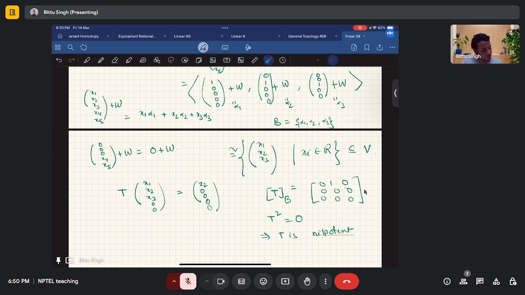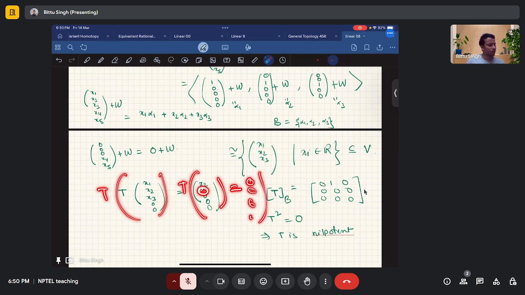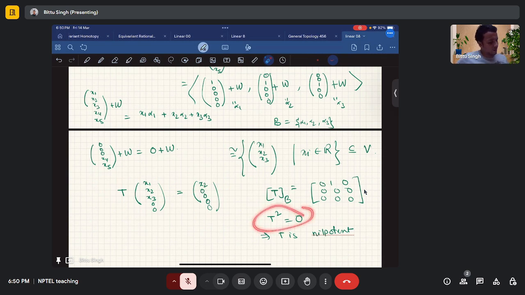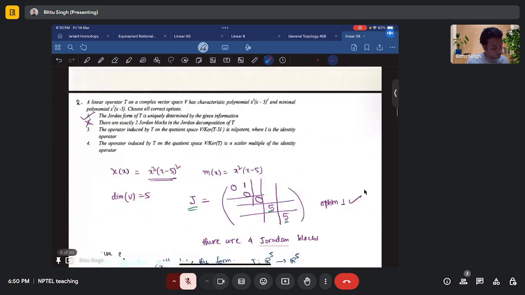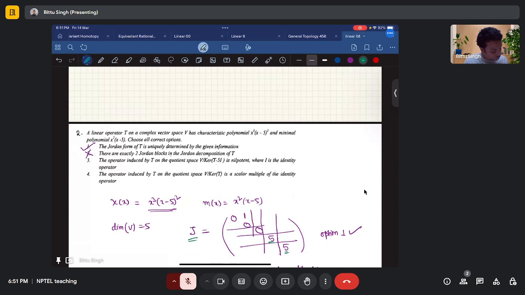You can also see this exact fact from here, because if you again apply T on this, it is the same as T on this, but the second entry is 0, so it will be 0, 0. So T square is 0. Again, from the matrix representation, this is the same fact, and therefore we obtain T is a nilpotent matrix. So this is actually true. The operator induced by T on the quotient space is actually nilpotent.